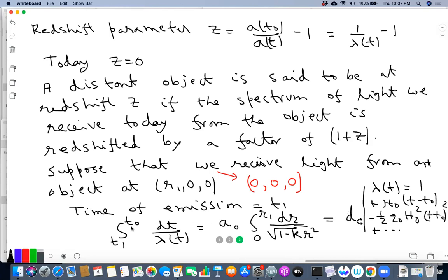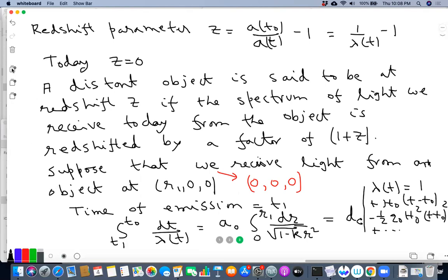The coefficients of the expansion will be determined by these numbers. Similarly, we can get an expansion for Z in powers of t minus t0, because Z is after all 1 over lambda of t minus 1. So you can just substitute and expand. Then you can eliminate t1 minus t0 from the two expansions and get a relation between the co-moving distance and the redshift.